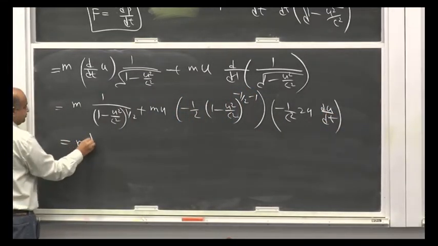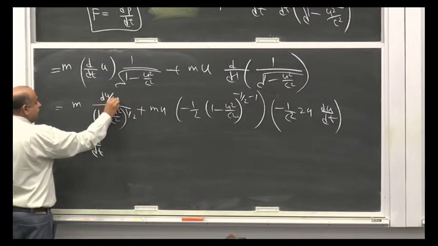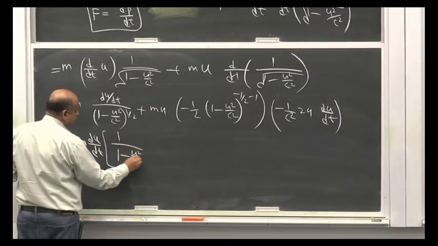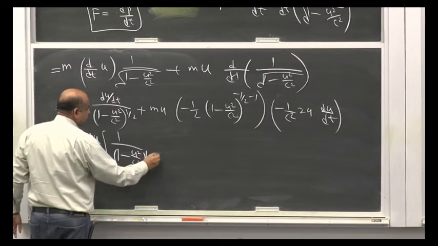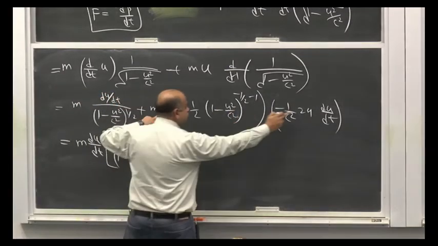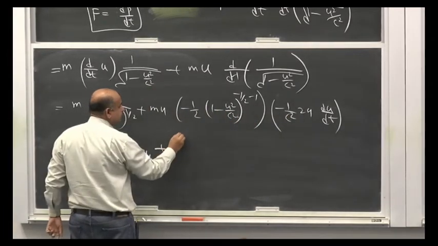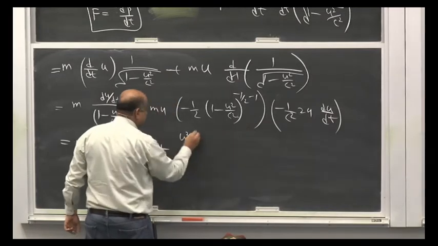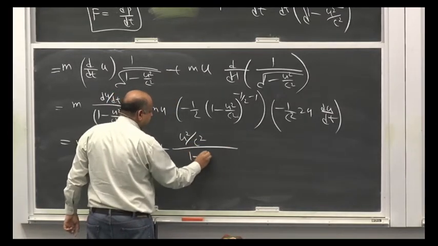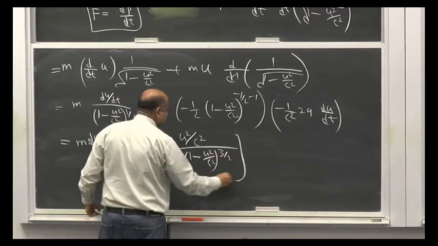So m, and du by dt is common. Half. Now we are left with u into u square, minus into minus plus. This is c square, and this is 1 minus u square over c square, raised to 3 by 2.